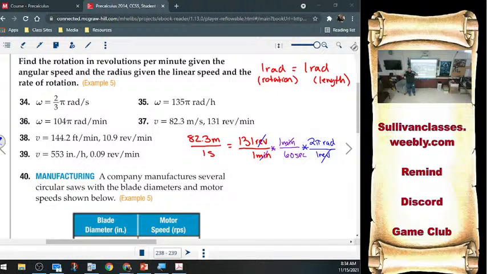They're both per second. So that means if I multiply both sides by a second, I now have so many meters is so many radians. I have length equals rotation.